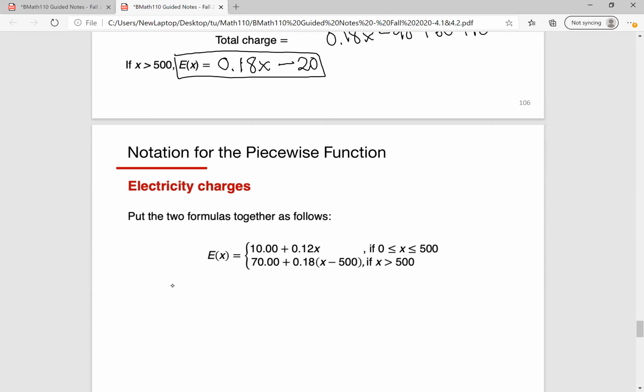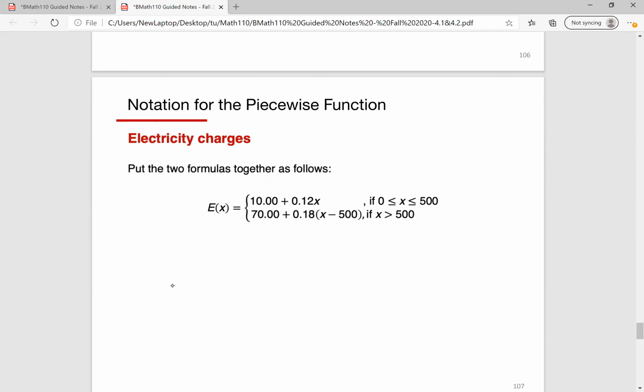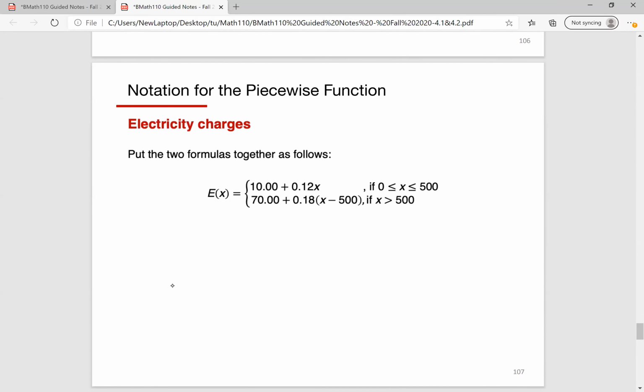Now we're gonna talk about the notation for the piecewise function. Okay, so in here you will have two cases for the function of x.